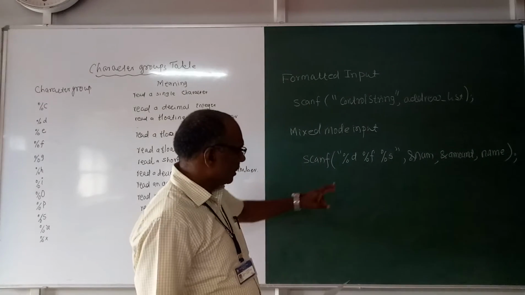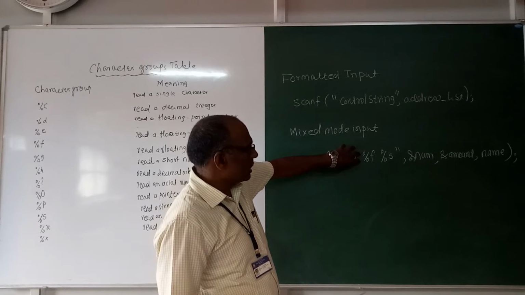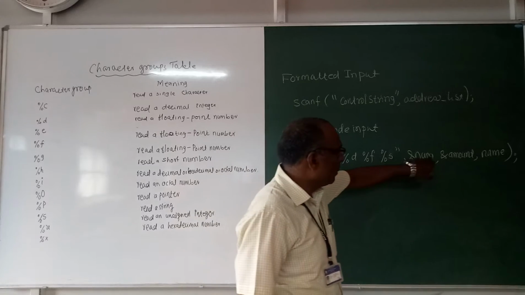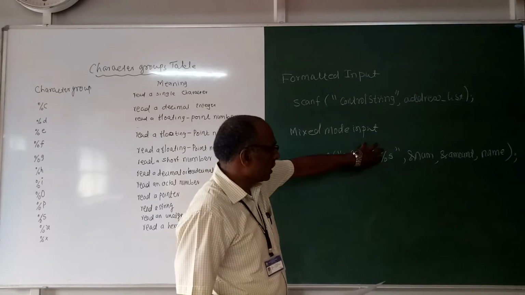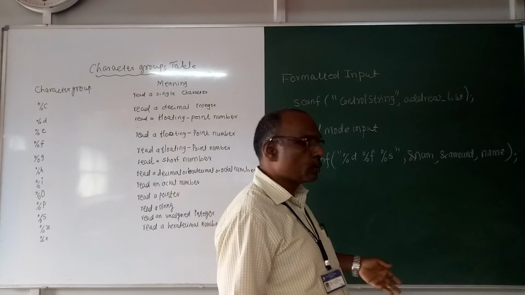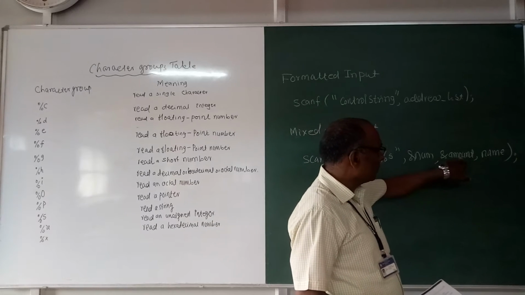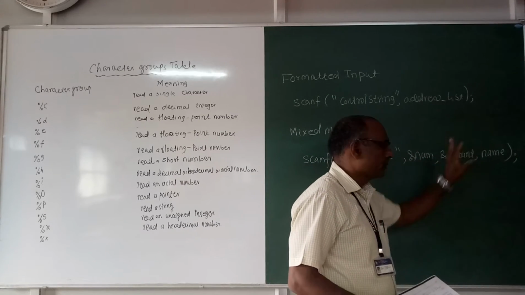This is the control string character group for a number. This is for amount, that is, amount may be a real number, like 2.2 rupees 30 paisa. So amount and the name here.